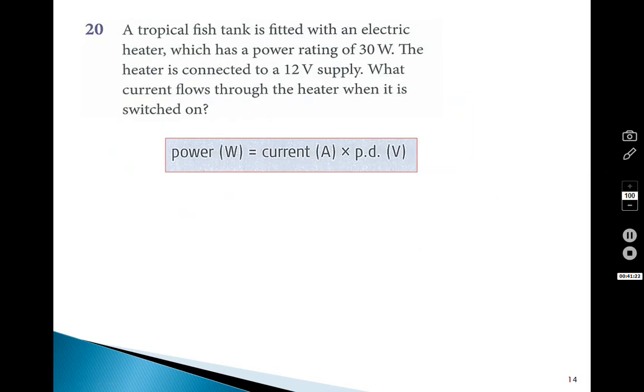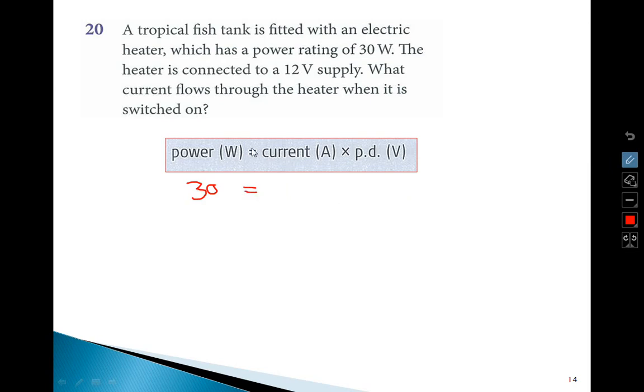Question number 20. It is the same as the previous one. A tropical fish tank is fitted with an electrical heater which has a power rating of 30 watts.